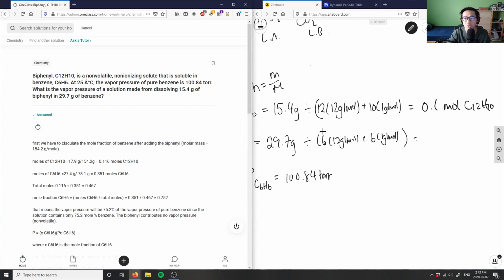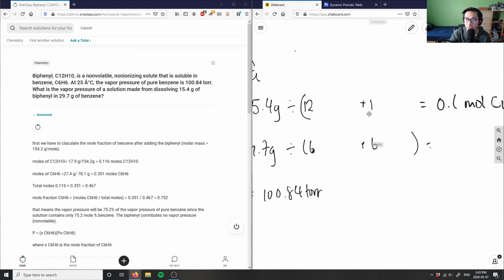So instead of using 12 and 10 here, I'm going to use the exact molar masses so I avoid a rounding error.